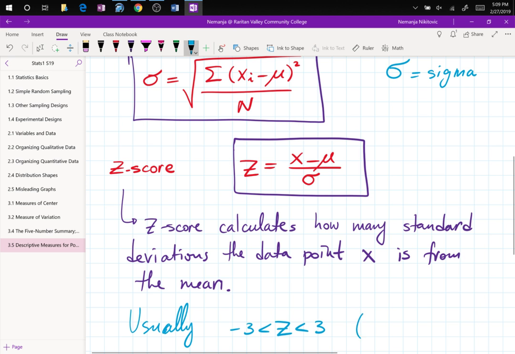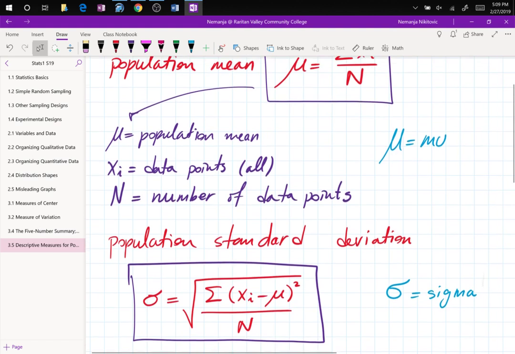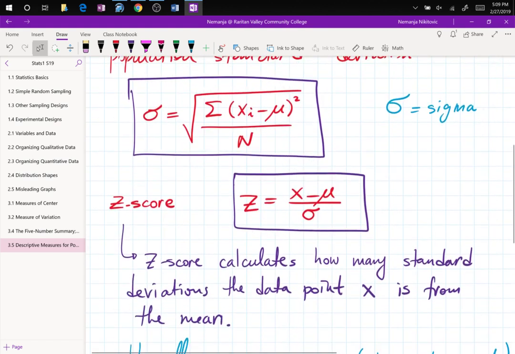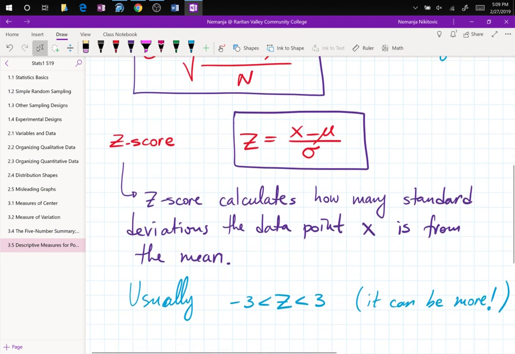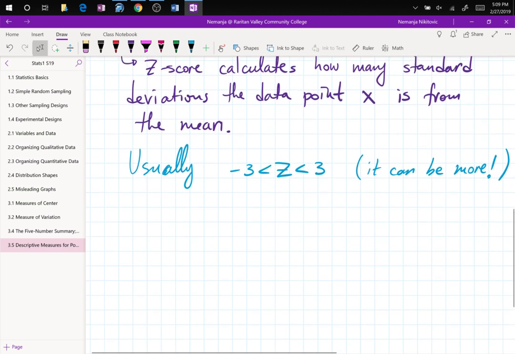Here in parentheses, it can be more. Not too much, just 1. So here are the three formulas: formula for the mean, formula for standard deviation, and formula for calculating z-score. Z-score is going to be calculated for each number you're interested in individually.